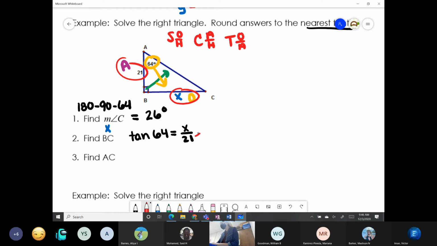If X is in the top, a variable on top, that means I'm going to multiply. So X is going to equal 21 times tangent of 64. And this says to the nearest tenth, so that's going to be 43.1.